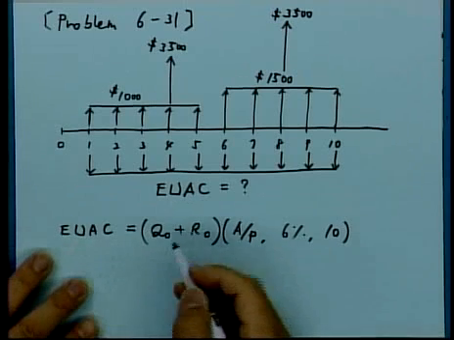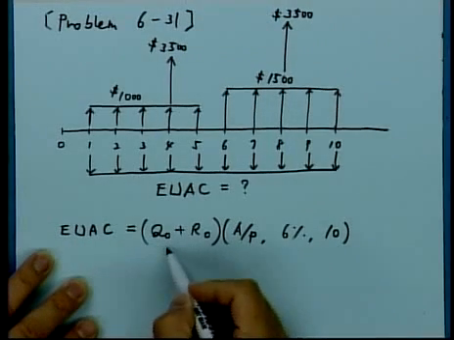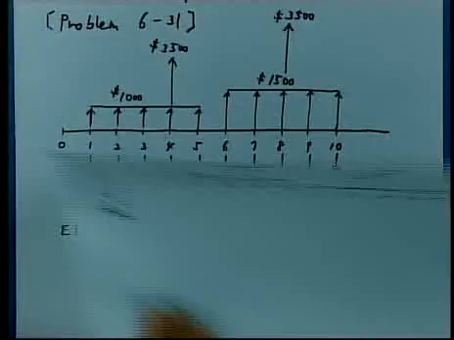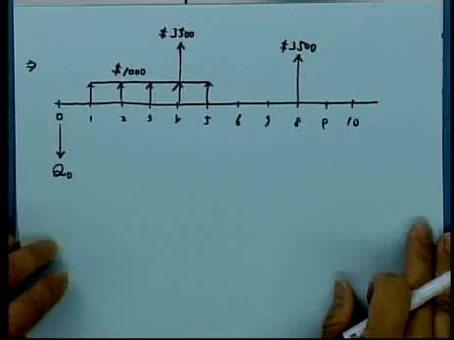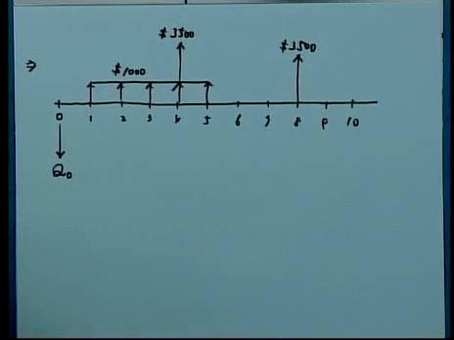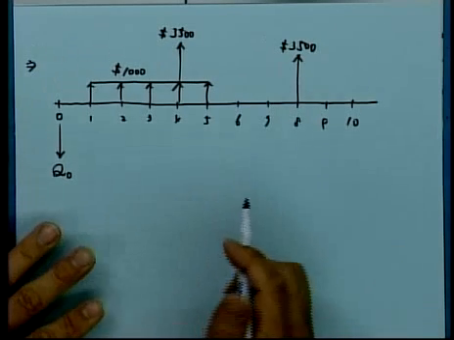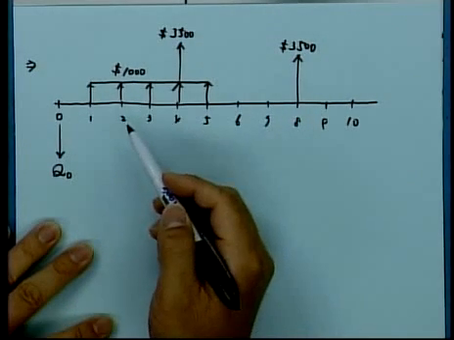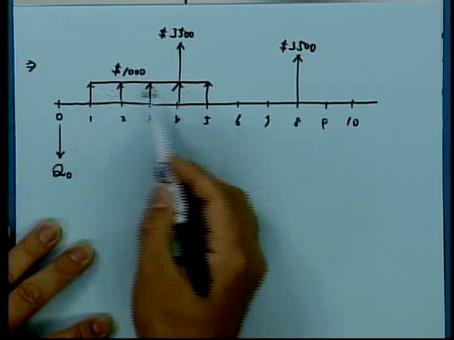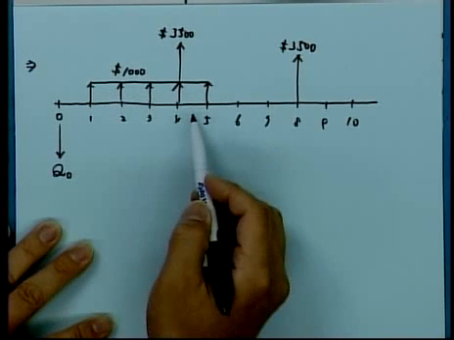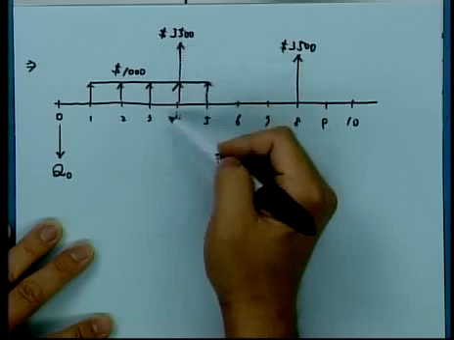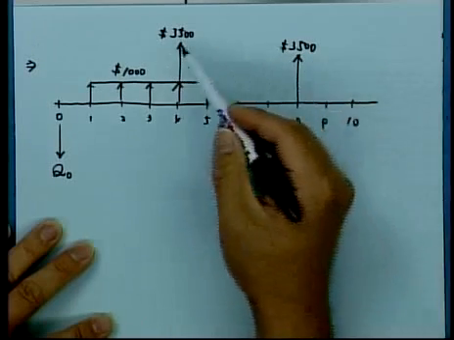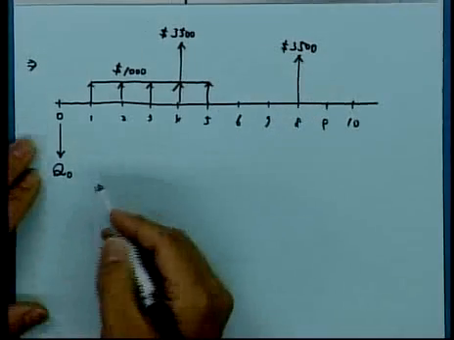Okay, so first of all, you need to compute Q sub 0. So how to compute Q sub 0? That is the sum of a uniform series of $1,000 over 5 periods plus these two future sums of $3,500.